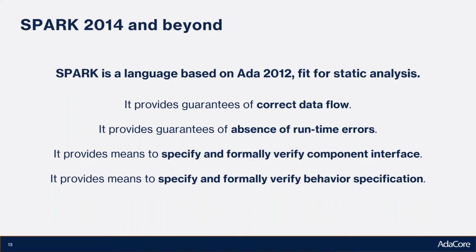Then interfaces. Interfaces of all kinds are really, really complete in Spark. As I mentioned earlier, when you have a subprogram, all of your inputs, all of your outputs, they have to be explicitly mentioned. So you won't have things like unexpected side effects, and that's really cool.